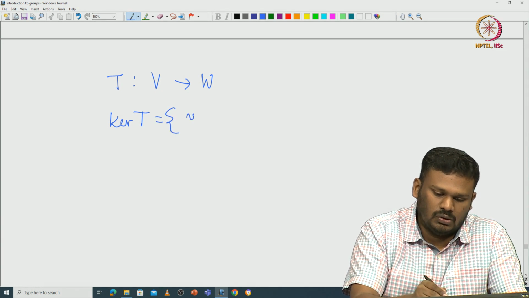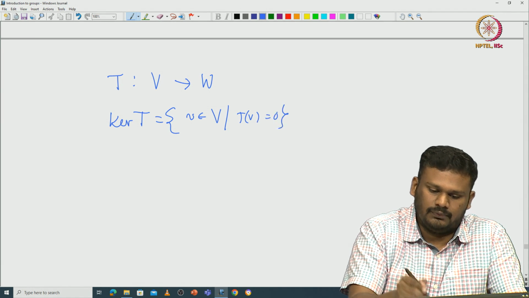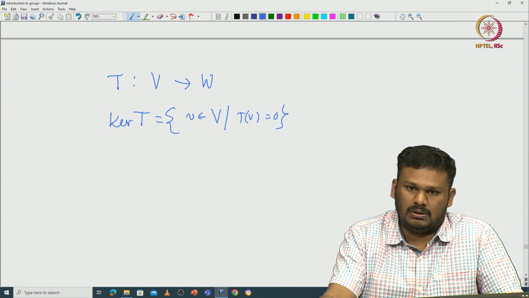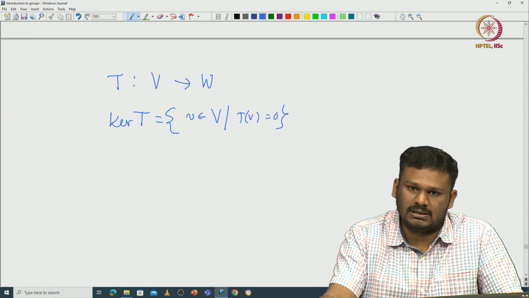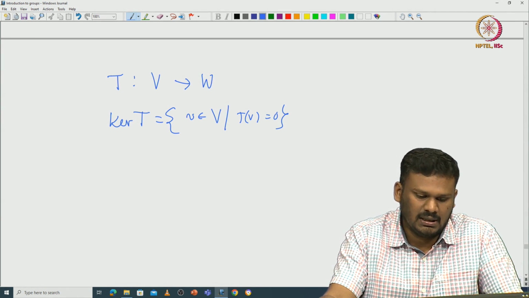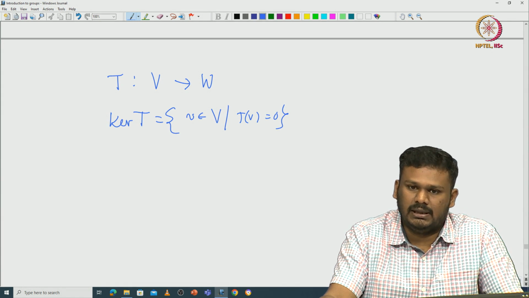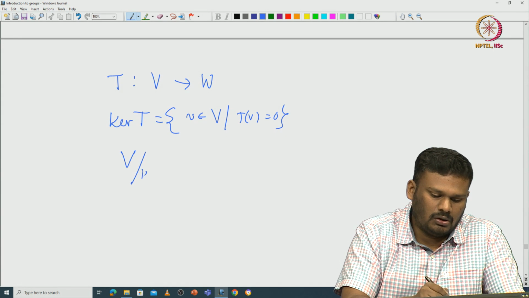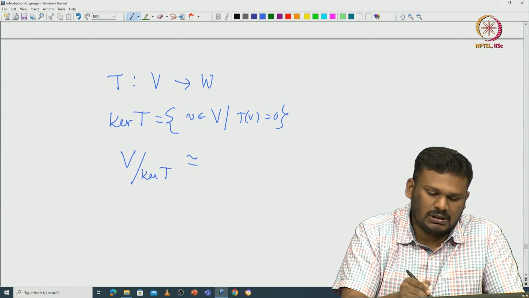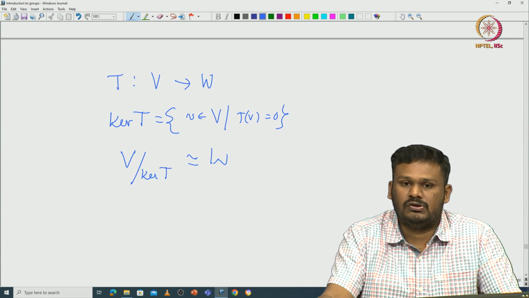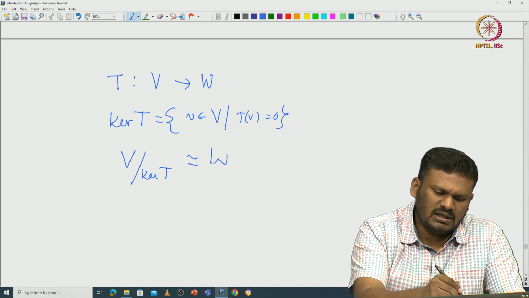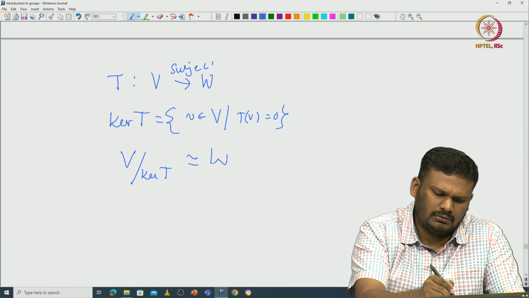Kernel of T is those vectors in V that are mapped to 0. But if you think about V and W as groups with respect to the additions in the vector spaces, then the kernel of T is indeed the kernel that we defined. So in particular, V modulo kernel T, as abelian groups, is isomorphic to the image of T, let us say this is a surjective map.